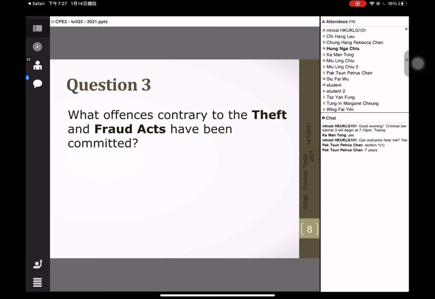So in the exam, if you say we could think about attempting to commit a certain crime, but looking at the scope of the question, the Theft Act or Fraud Acts, this doesn't appear to come within the scope, because anybody charged with an attempted offence would be charged under Section 1.1 of the Criminal Attempts Act 1981.